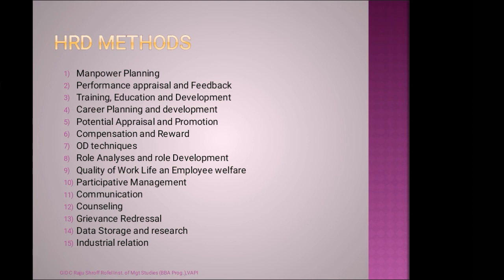Third, the methods should be periodically reviewed to examine whether they are producing the desired effects or not. And fourth, the methods should receive commitment from top management, otherwise they will become mere rituals.